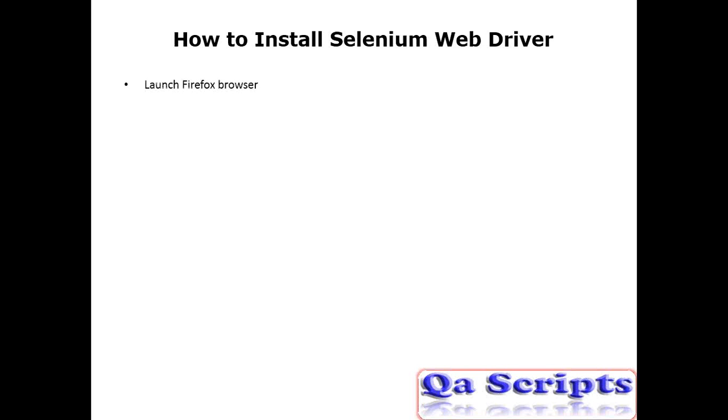Of course, you can launch any other browser, but it's good to start with Firefox because Firefox is open source and they have used Firefox as a native browser. And here we won't get any file with .exe, and we are not going to run or install Selenium WebDriver, because Selenium WebDriver is an API.